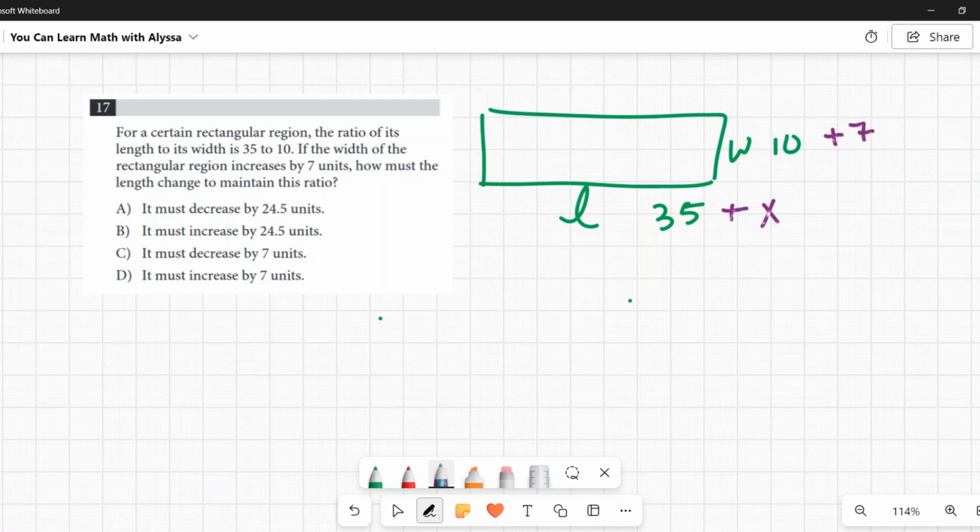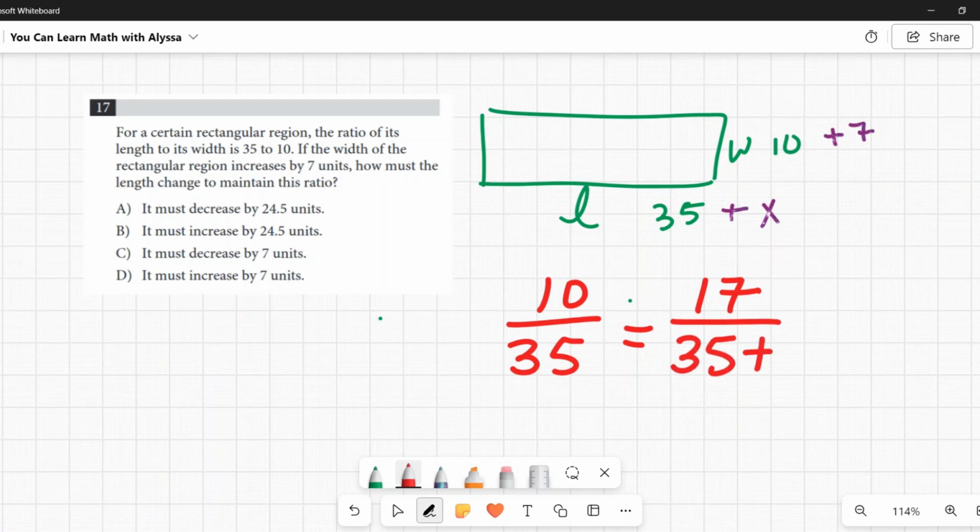So I'm going to set up a ratio. The width was 10 and the length was 35. And then 10 plus 7 on the top, the width went up to 17. And the bottom went up by some unknown amount, and I can solve for x.